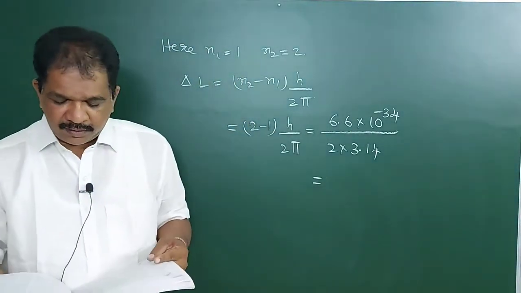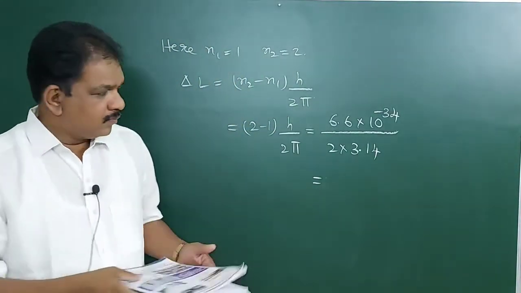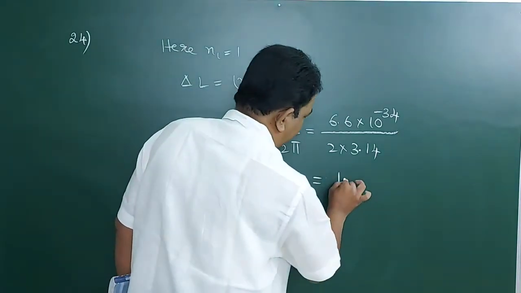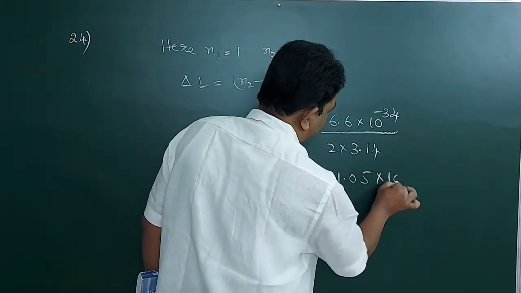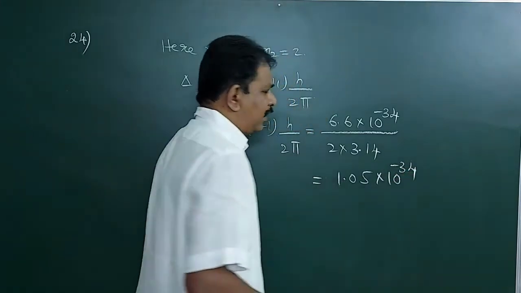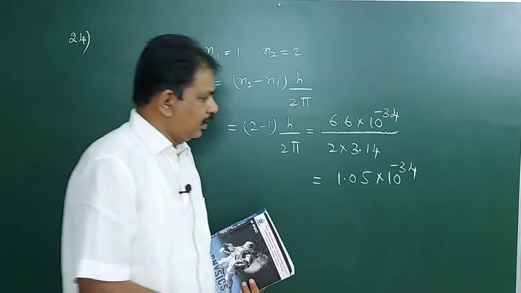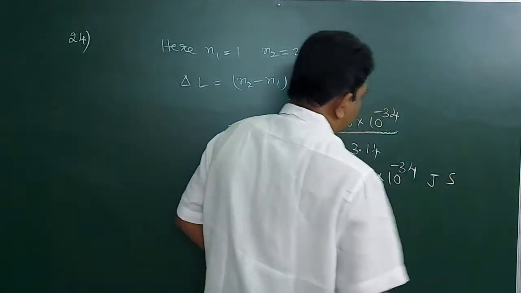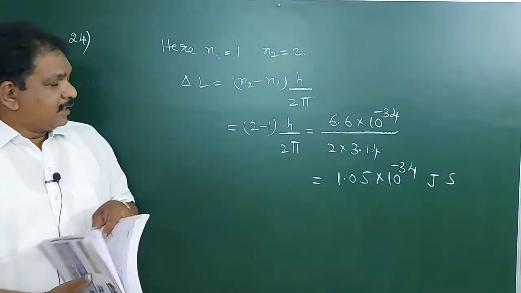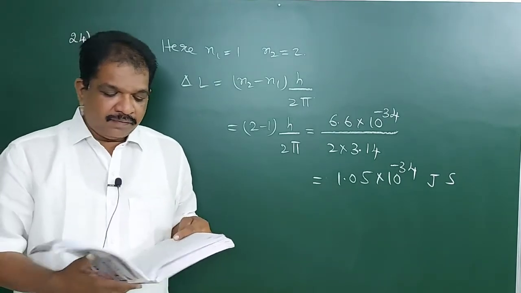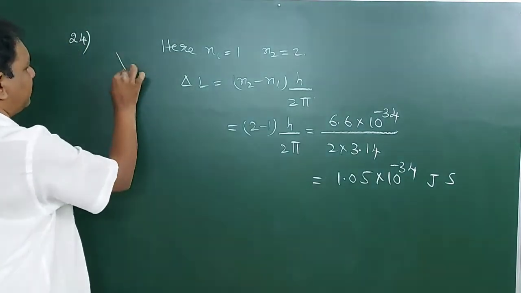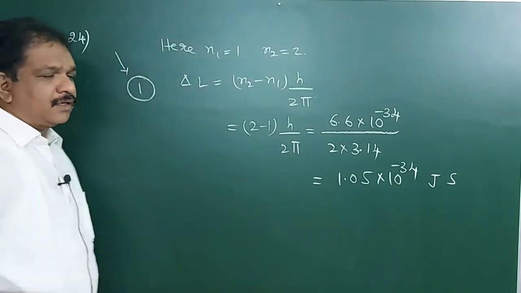If we calculate, this is 1.05 into 10 power minus 34. Okay, joule second unit will be. So the answer for 24 will be first option.